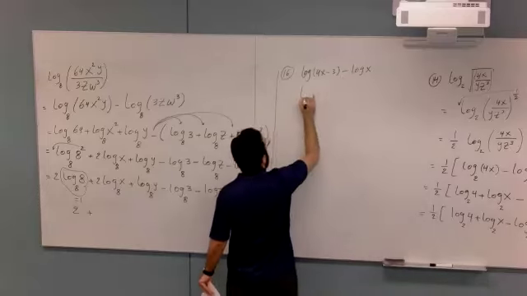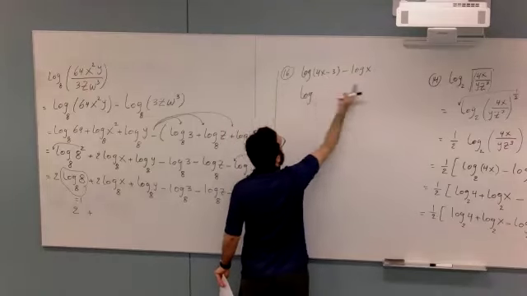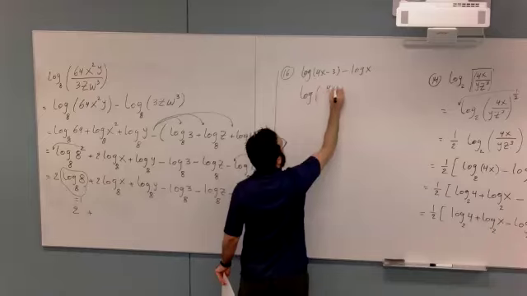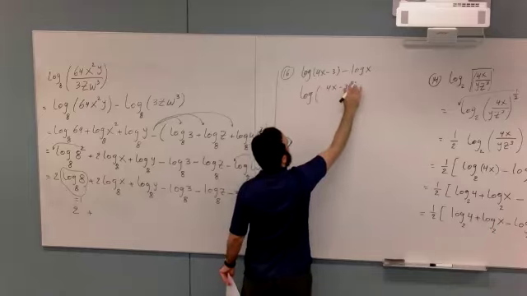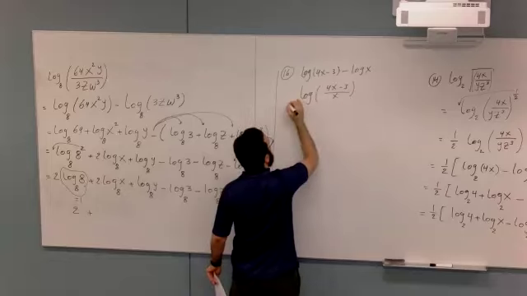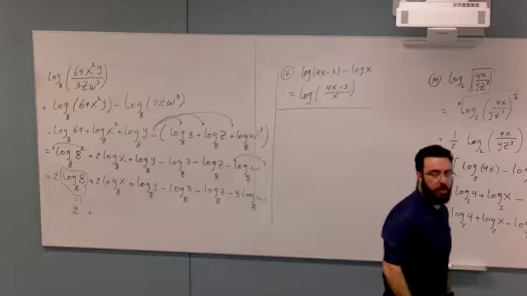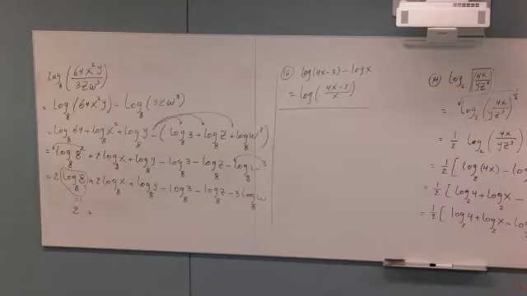So it's going to be log of this one over this one. Don't flip it. 4x minus 3 divided by x. That's it. We convert the whole expression from two logs into one log. You don't have to think about what's going to happen next. Don't worry about that.